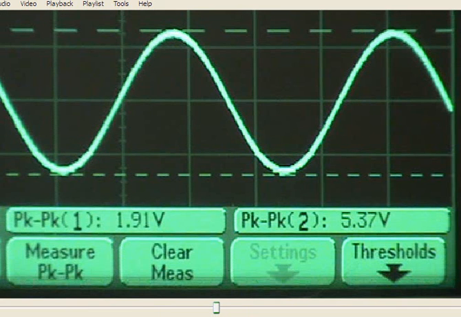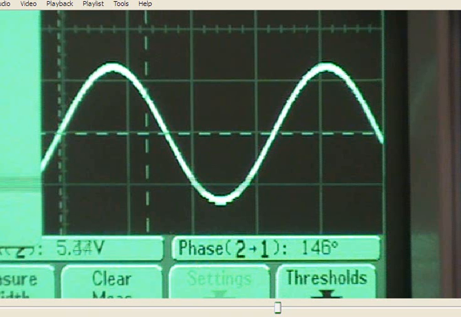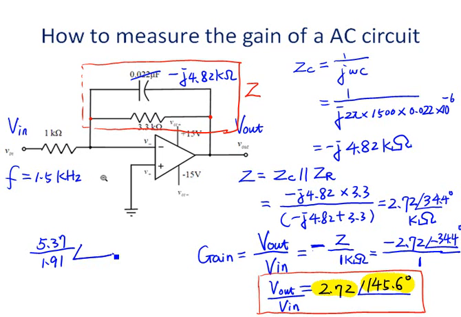The input voltage and output voltage peak-to-peak values we just recorded here. Output voltage peak-to-peak value is 5.37. Input is 1.91. The phase angle is 146 degrees. That's the output voltage phase angle with respect to the input voltage.